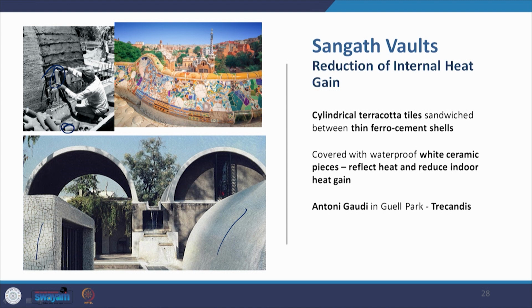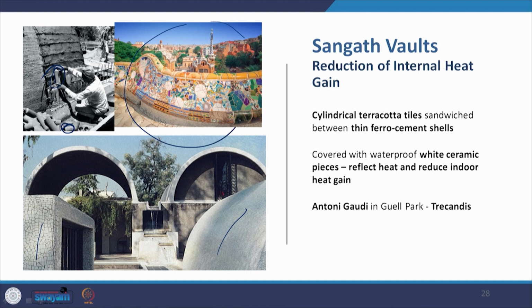Now this work of broken ceramic tiles is called trencadís, and we find its major use in modern architecture by Antoni Gaudí in, for example, the Casa Batlló, a house that he did, or even in the Güell Park. This is the example of broken, colored ceramic tiles being used in the trencadís there.